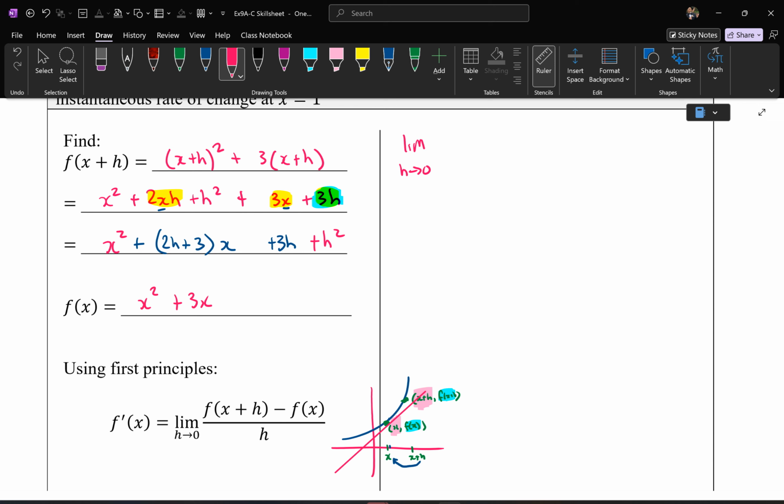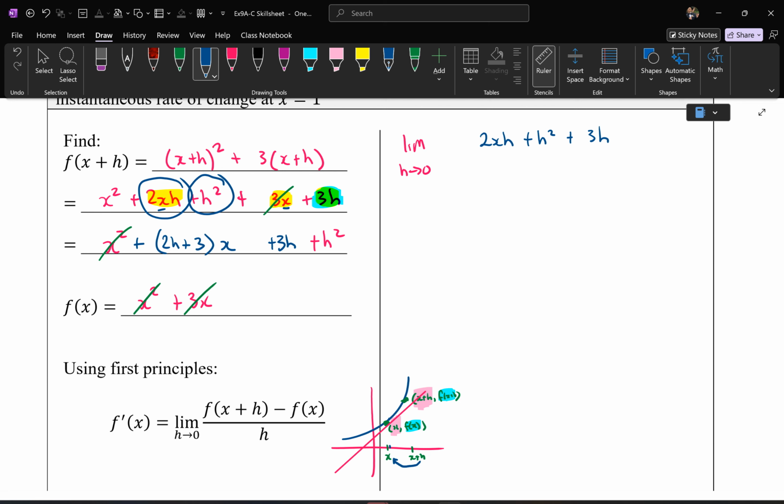So just by inspection, you can already see x squared minus x squared is going to cancel out. You're going to minus the x's with each other, which maybe I should have just kept in the expanded form, because 3x take away 3x would cancel out. That means you still have 2xh left over. You still have plus h squared left over, and you still have plus 3h.